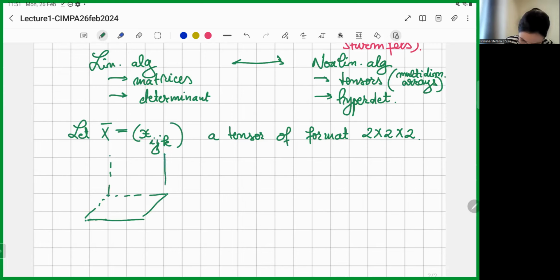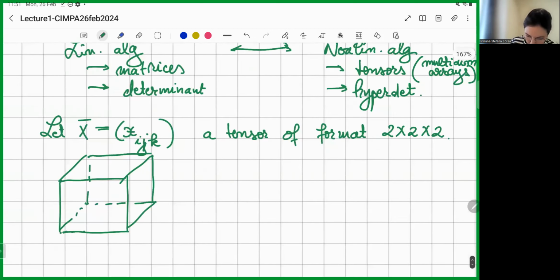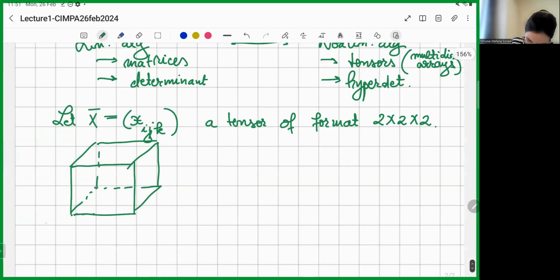The vertices of this cube can be labeled 0,0,0; 1,0,0; 0,1,0; 0,0,1; 1,1,0; 1,0,1; 0,1,1; 1,1,1, for instance.